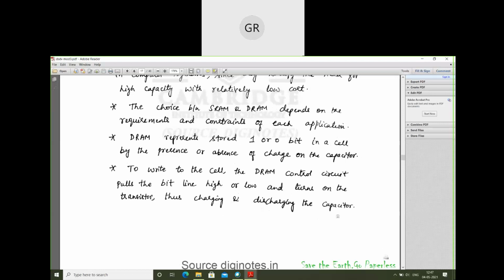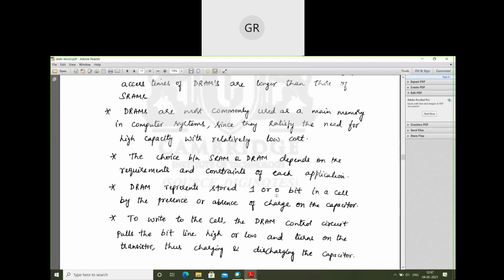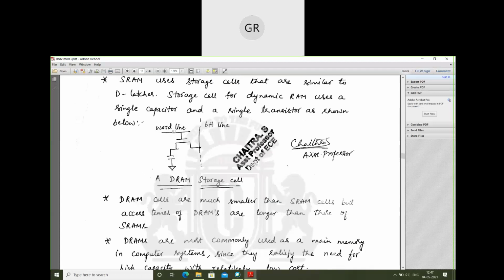To do the write operation, this transistor should be on. It is on when the gate terminal is high. You know that when the input to the NMOS transistor is high, it is in the on condition. That's why, to do the write operation, the word line should be high.